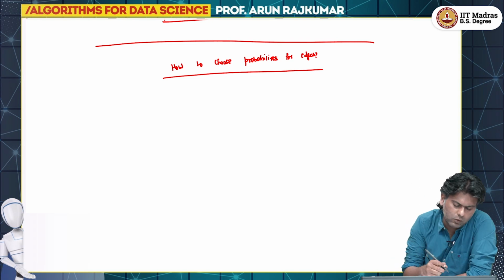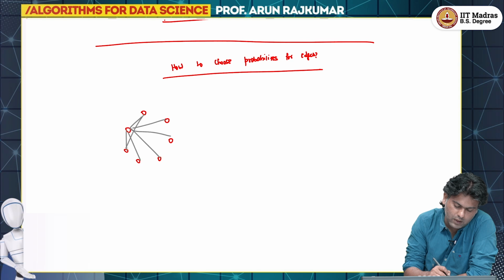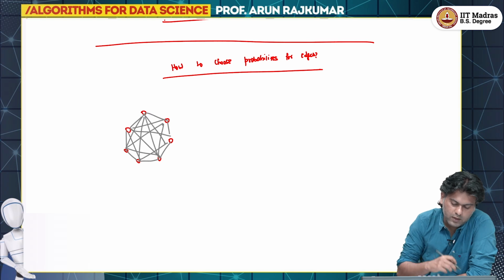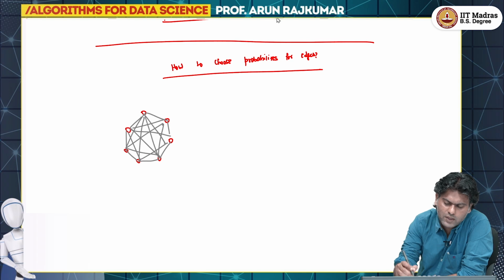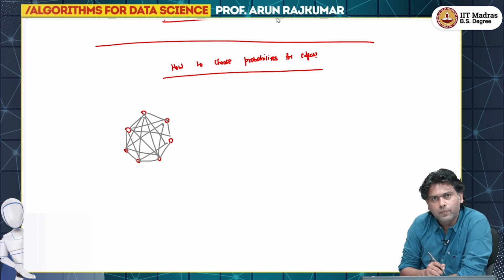So, if my original graph, let's say, if I had a graph like this, and then I had all the edges. Let's say I had a complete graph, right? So, all n choose 2 edges are there. Now no single edge is so important, right?